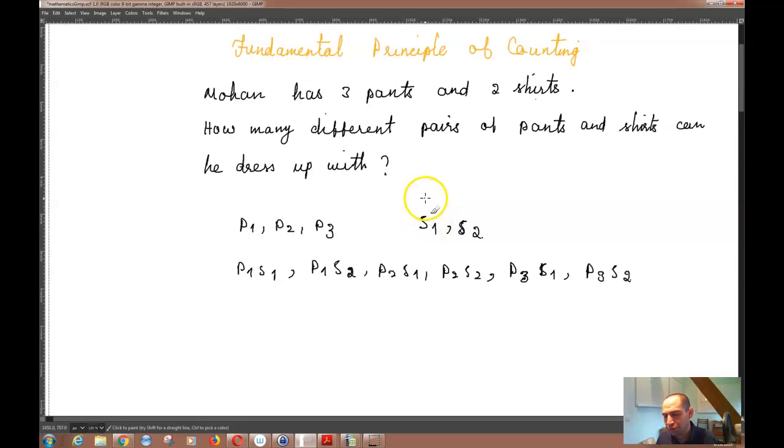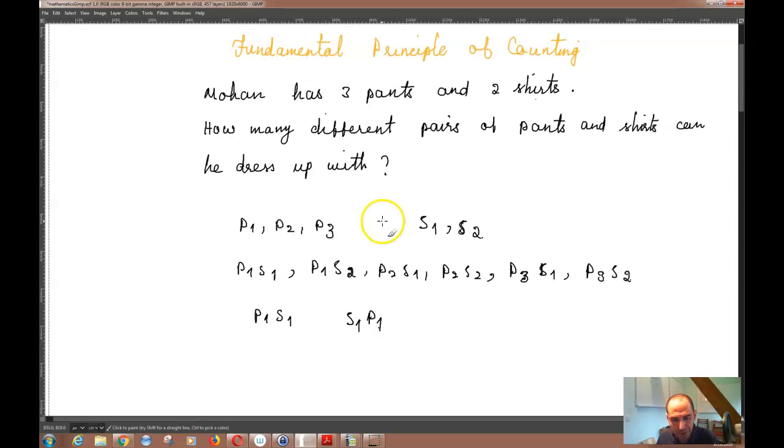And one more thing that's important to pay attention to is that I could write pants 1 with shirt 1 as P1 S1, and in the same way, when you're wearing a pair of pants with a shirt, it doesn't really matter whether you first say shirt 1 with pant 1 or pant 1 with shirt 1. At the end of the day, you're wearing shirt 1 and pants 1.